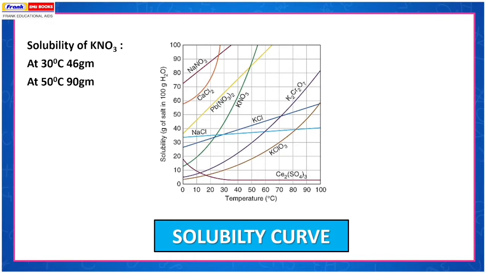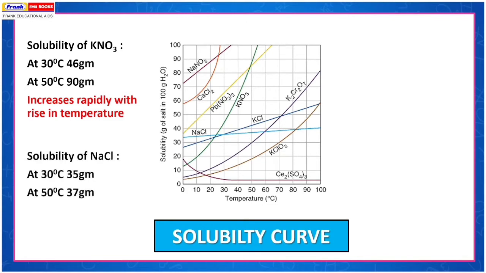At 30 degrees Celsius, the solubility of KNO3 is 46 gram, while at 50 degrees Celsius, it's 90 gram. Thus, we can deduce that the solubility of KNO3 increases rapidly with rise in temperature. Solubility of NaCl. At 30 degrees Celsius, it's 35 gram, and at 50 degrees Celsius, it's 37 gram. Here we can deduce that it remains almost unchanged with rise in temperature.